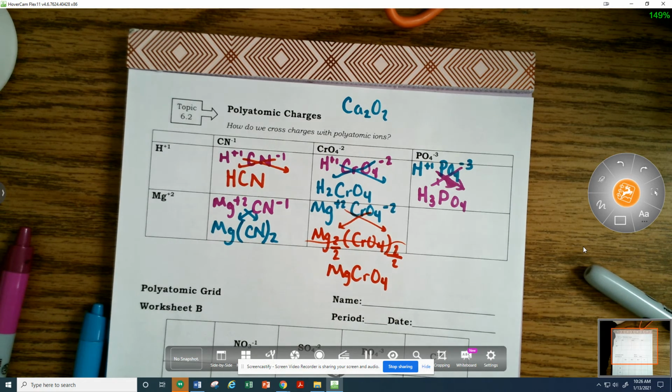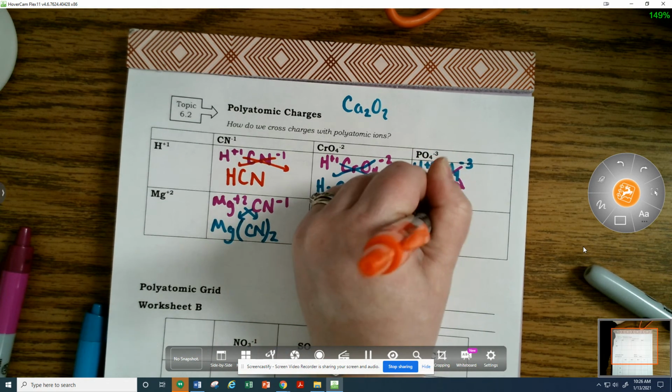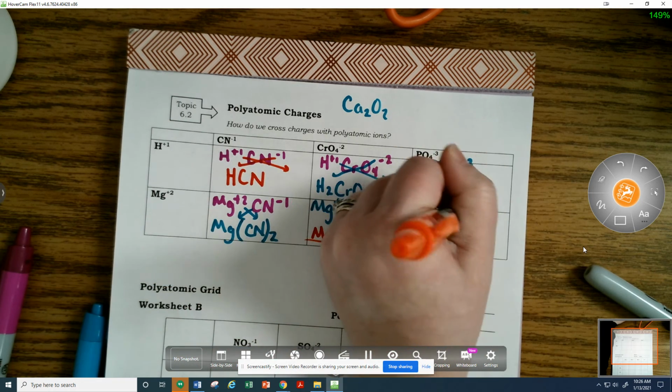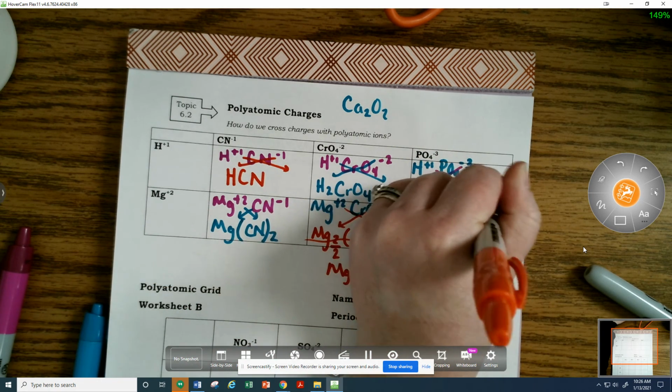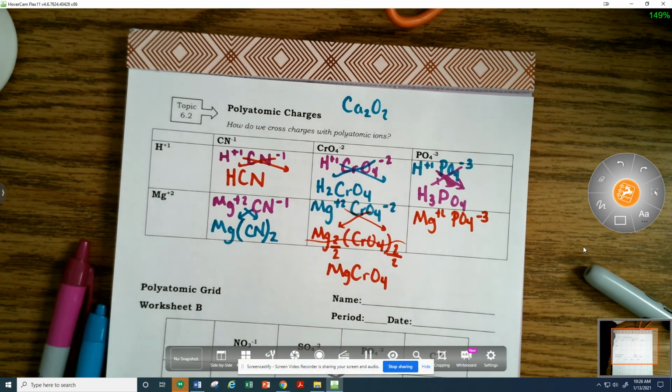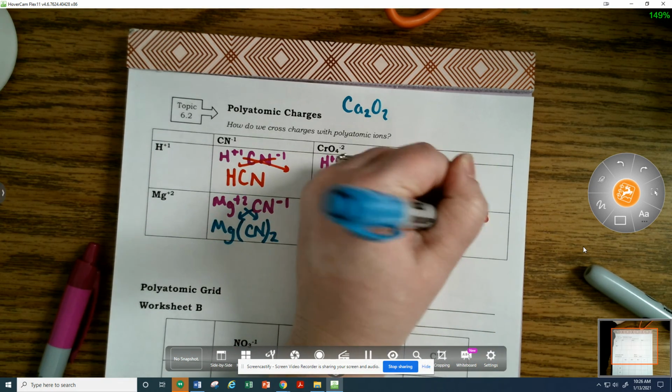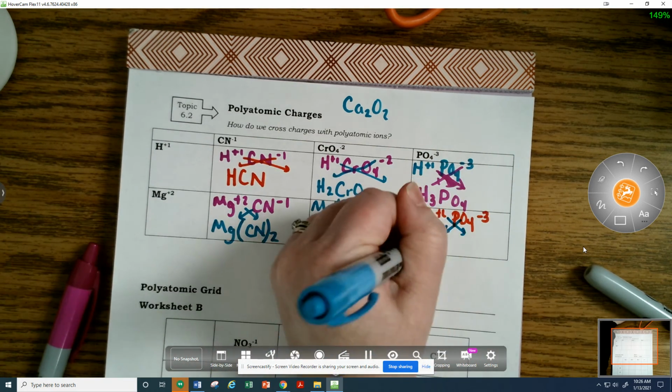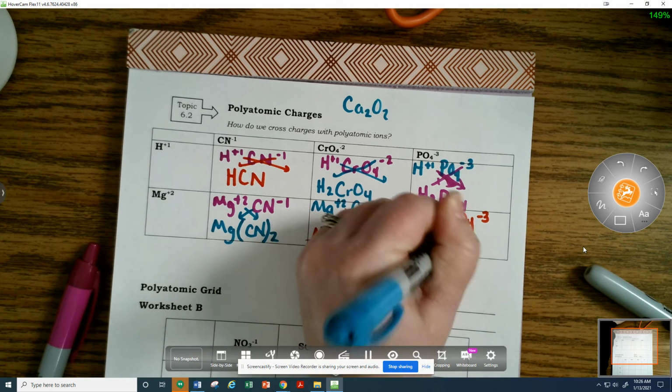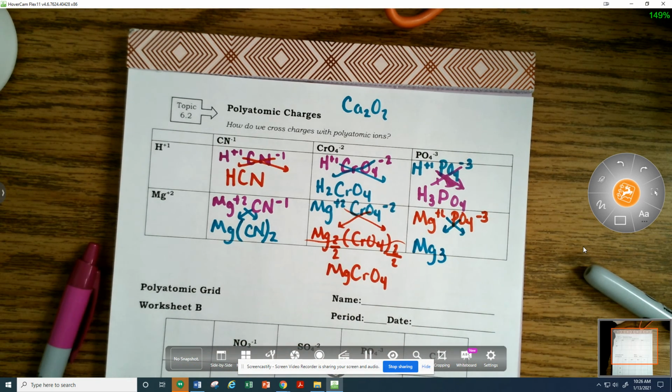Last example for the notes, we have Mg still with a +2, combining with PO4 with a -3. In this instance, we are now bringing down subscripts to both the cation and anion. The cation, the magnesium, is going to receive a subscript of 3. It does not need parentheses because it is not a polyatomic.